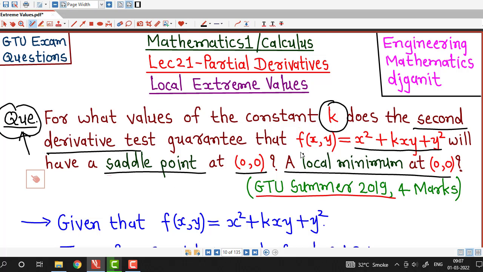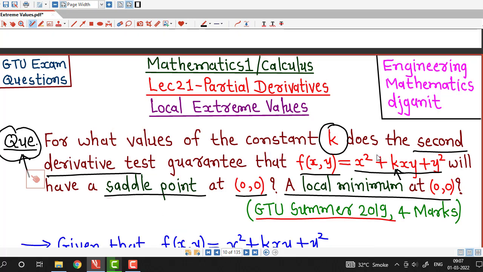Here in the given function k is an unknown constant, so we have to decide for which value of k this function will have a saddle point at (0,0) and a local minimum at (0,0).